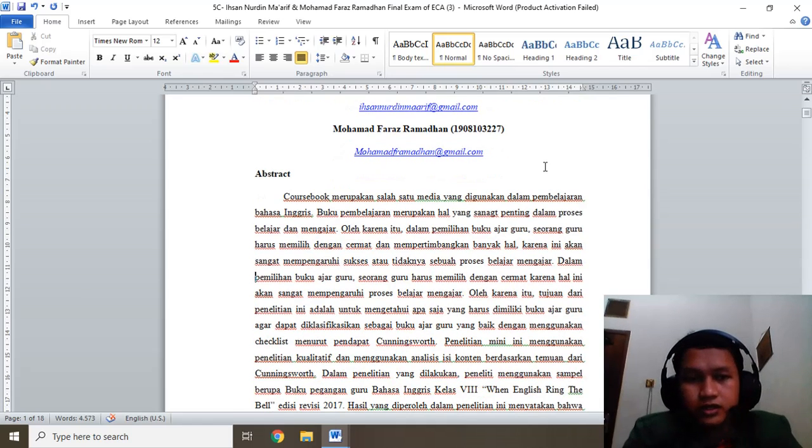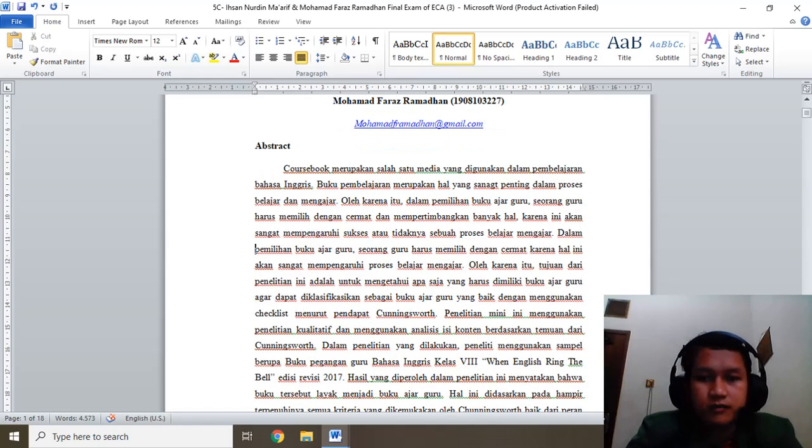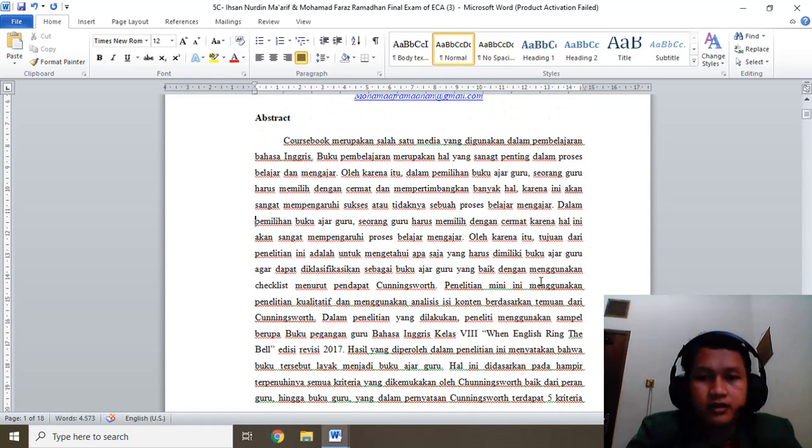The first one is the abstract. The abstract consists of the purpose, method, and finding of the research.